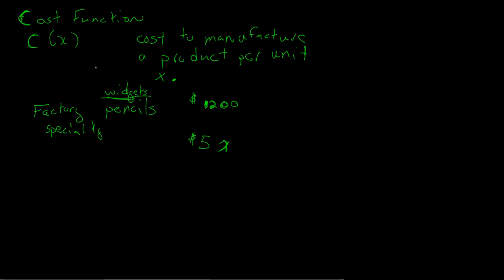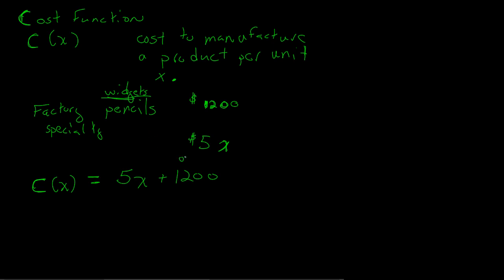And so I can make a cost function where the cost is $5 per widget plus the base material cost. Or the base running the factory, but whatever. So it's $5 in parts and labor per thing I make, and then I need to spend $1,200 for the utility bills or whatever that keep the factory running during that day of manufacture, right?